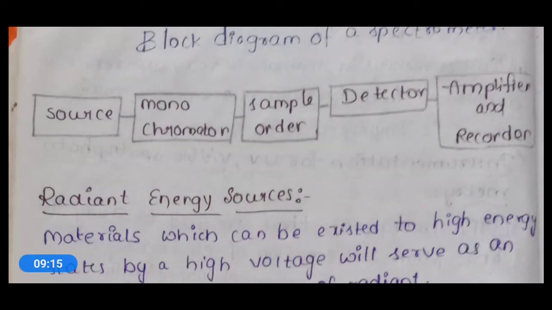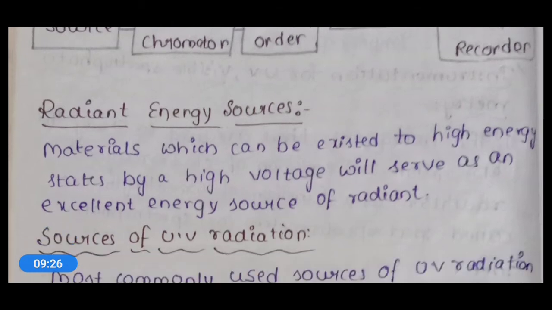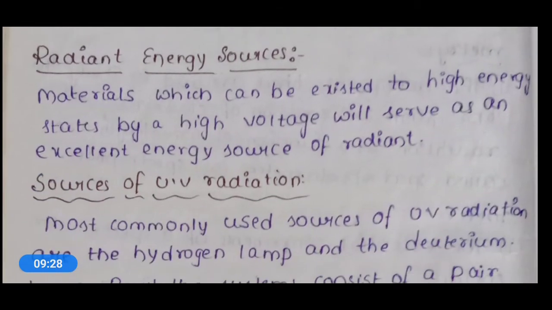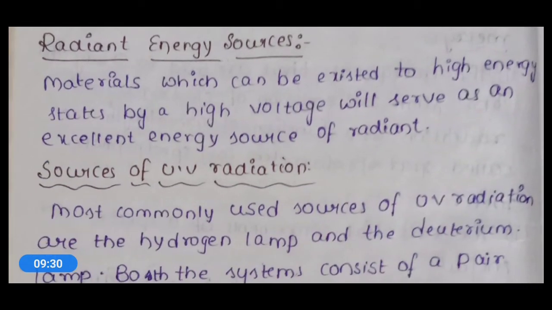Let's see all these essential components of a spectrometer in detail. The first one is the radiant energy source, which is a stable one. So let's see about the radiant energy source.